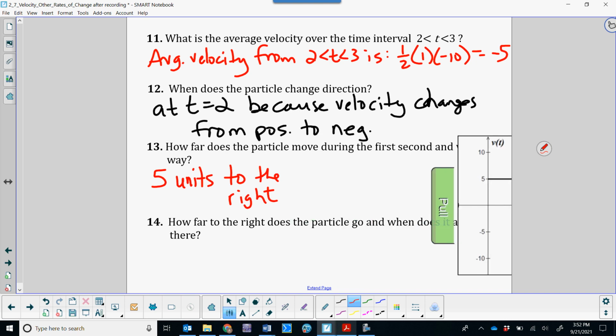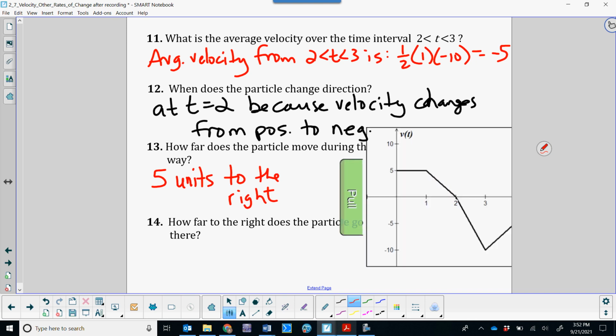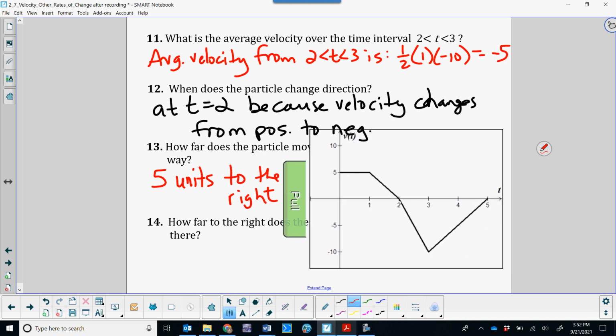All right, how far to the right does the particle go, and when does it arrive there? Again, the particle is moving to the right in this area. So if I want to know how far it goes to the right, I need the area underneath this entire place.